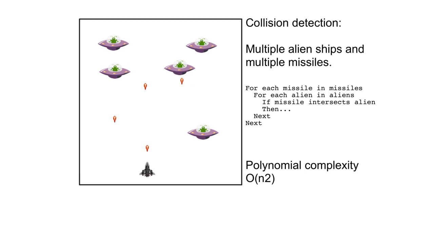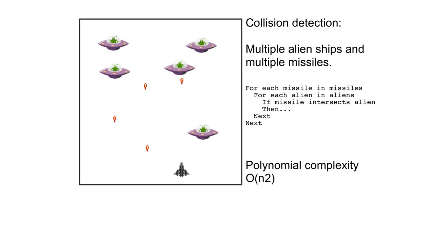To make the game even more fun to play, we can introduce a multiple missile rapid fire into our game so that the player can fire as many missiles as they like, providing they have sufficient ammunition. Well, now from an algorithmic perspective, we have a real problem because we need to check every missile against every invader.